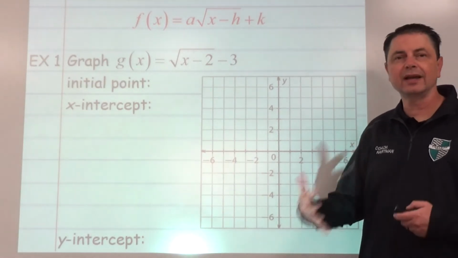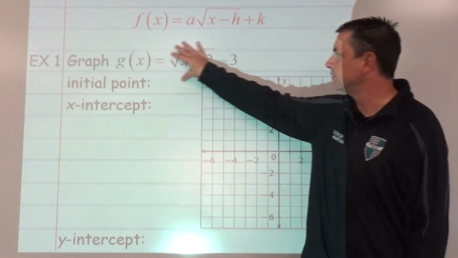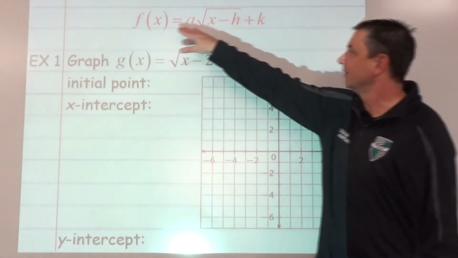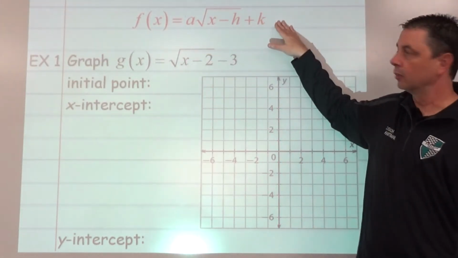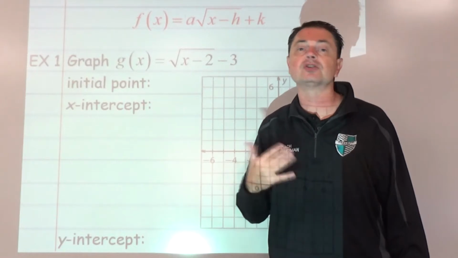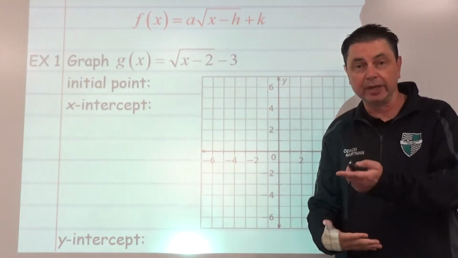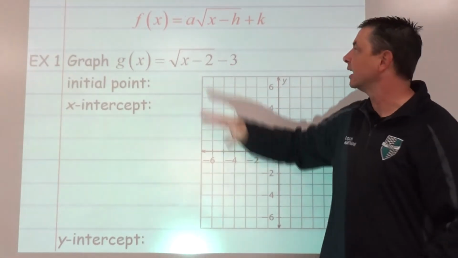So now that we've got an idea what the parent function looks like, can we graph a function where this is the general form of our square root function with a, which does the same thing it's done to all the other functions that we've looked at. If a is negative, it's going to flip it across the x-axis.